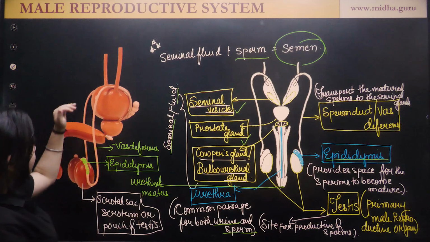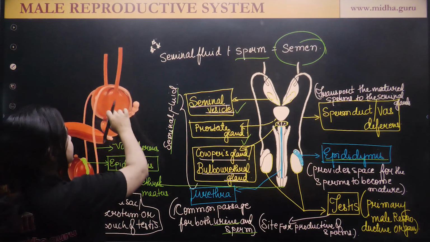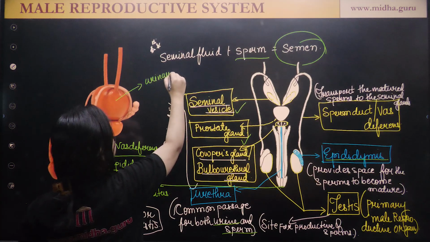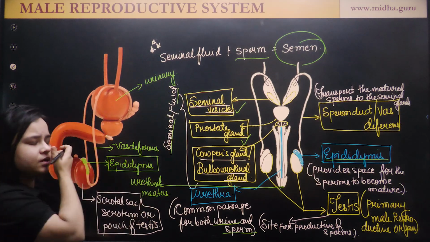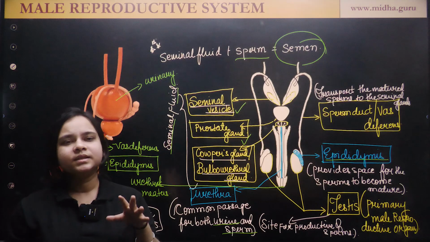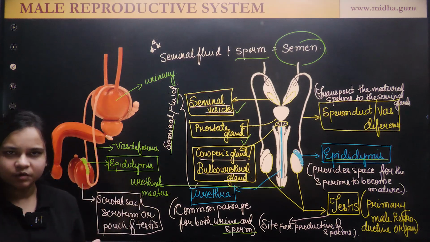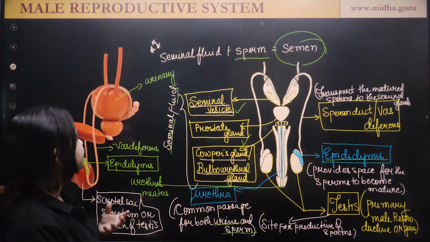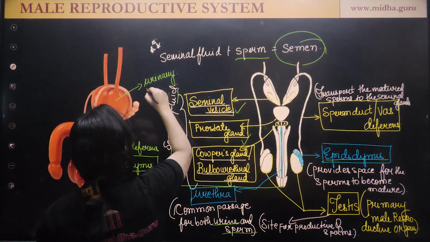Now it loops over the urinary bladder. So this is the urinary bladder. What is the urinary bladder? We have already revised this in the excretory system. This is also a muscular bag where urine is stored temporarily.